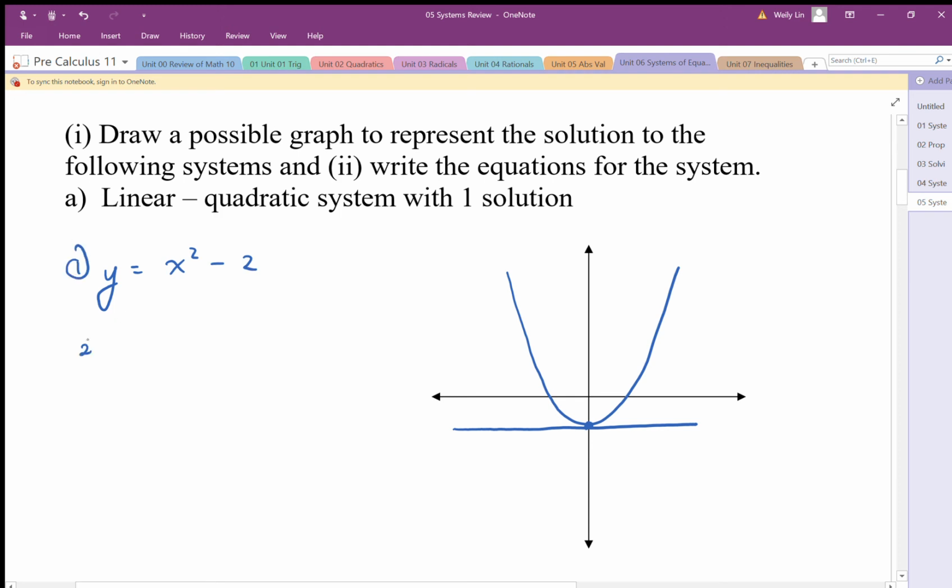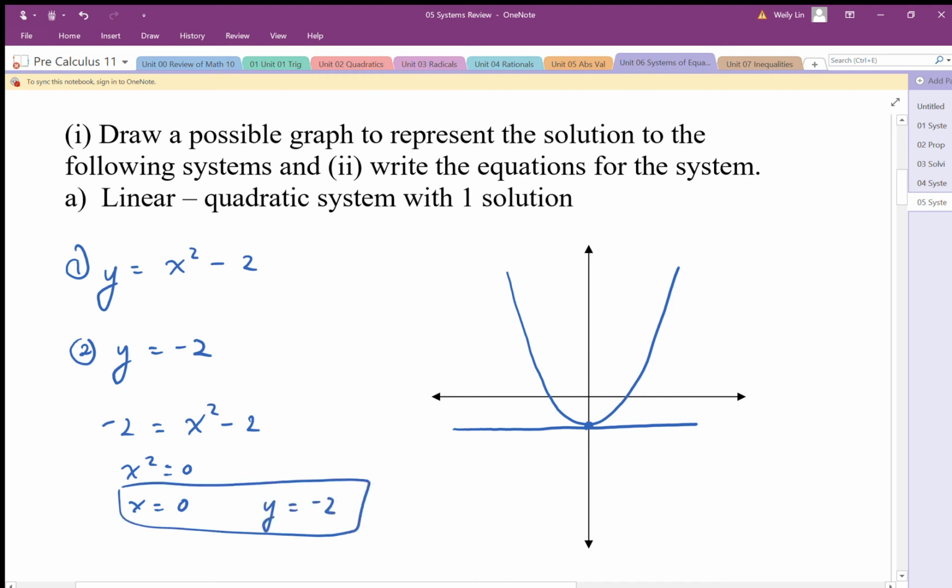The second equation would be just y equals negative 2, and this will have just one solution where it's tangent. If I go ahead and solve this, we can see that negative 2 equals x squared minus 2. Okay, x squared equals 0, x equals 0, and then plugging it back in, y equals negative 2. That represents the solution to this system, the coordinate where we have a tangent at the vertex.